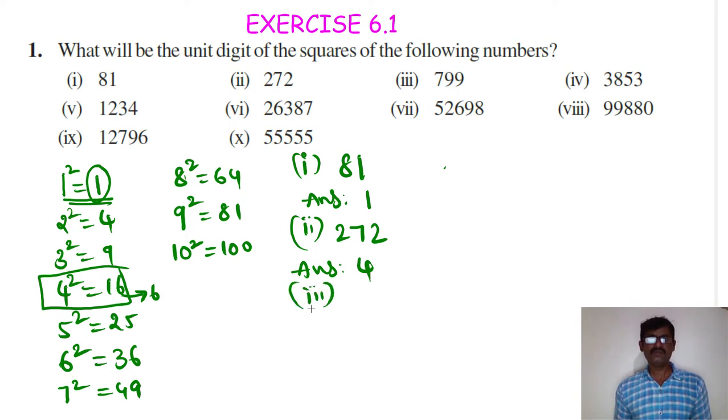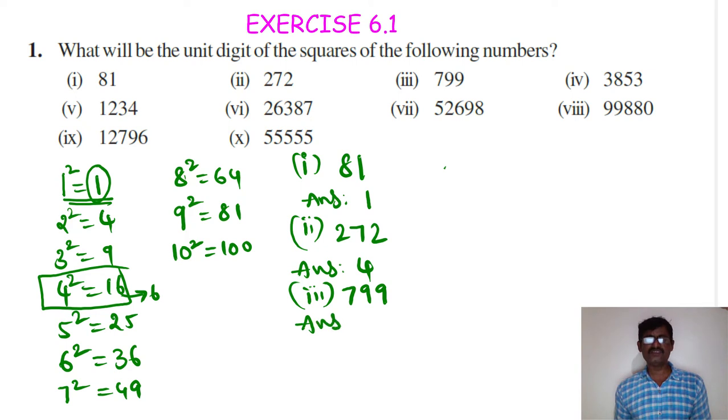Now the third problem, 799. If you take the square of this number, just take the digit in units place, that is 9. 9 square, you observe here, is 81. So the digit in units place is 1. So in the present number 799 also, if you take the square of 799, the digit in units place will be 1.